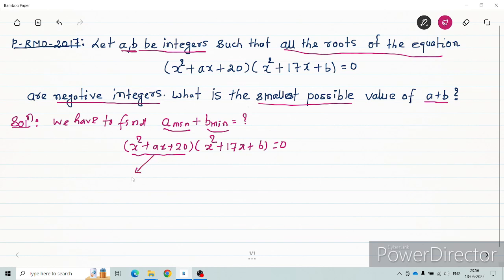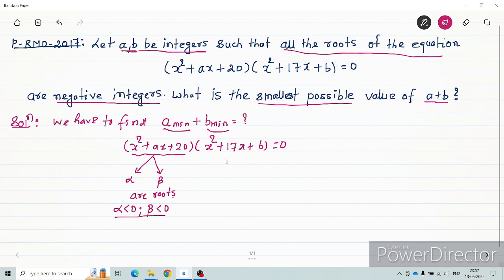Let's say alpha and beta are the two roots of x² + ax + 20, and it is also given that the roots are negative integers. It means alpha is less than 0 as well as beta is less than 0.